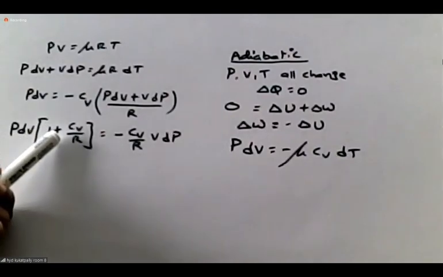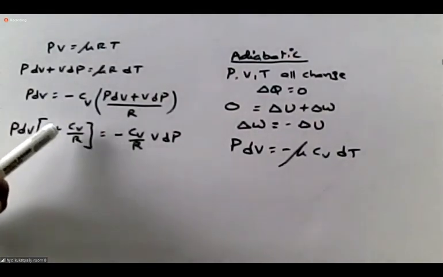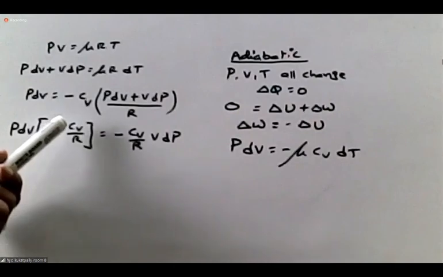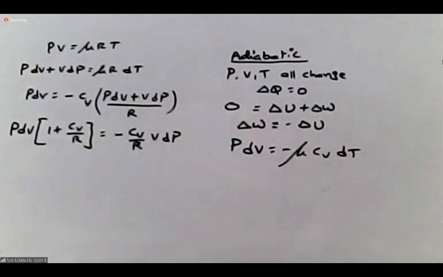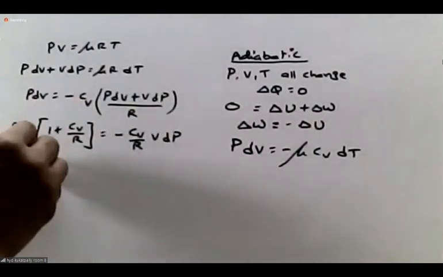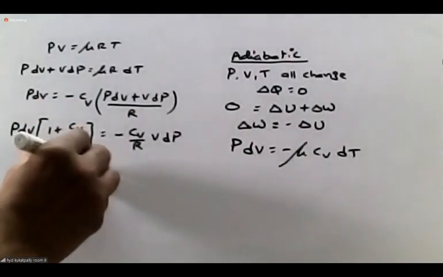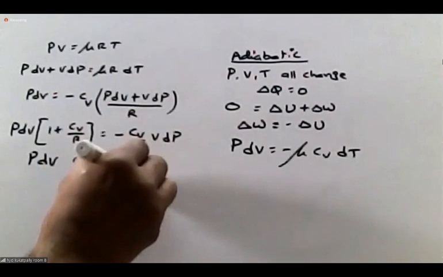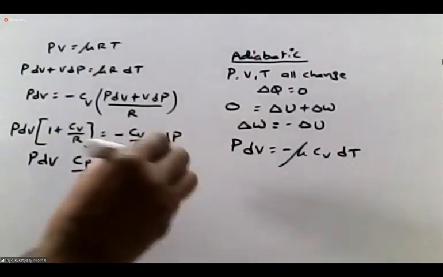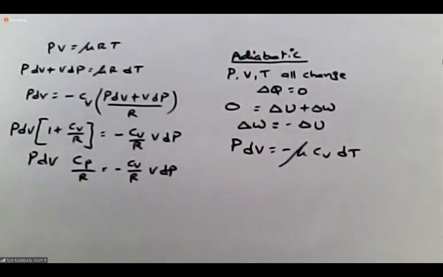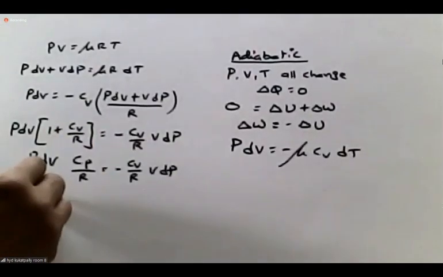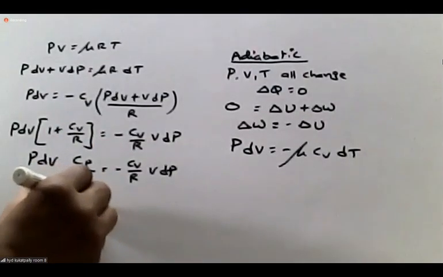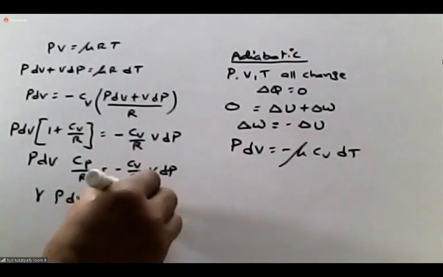If you substitute in the numerator, Cp only is left over. Then this is PdV, Cp by R is equal to minus Cv by R into VdP. Cp by Cv is gamma. Gamma PdV is equal to minus VdP.